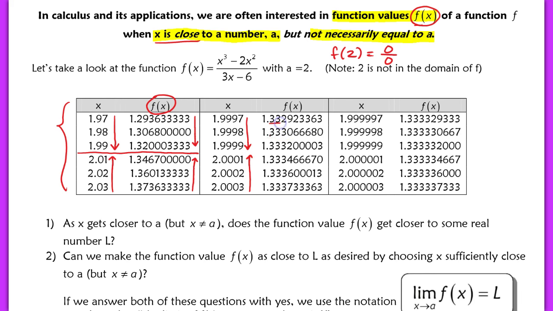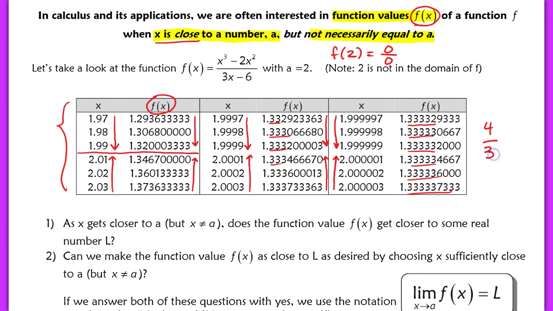And as you can see now, those values get closer and closer to a specific value. If we continue to get smaller and smaller increments away from 2, so we're really super close to 2 now, we can see that those y values look like they're going to the same value, 1.3333 repeating.